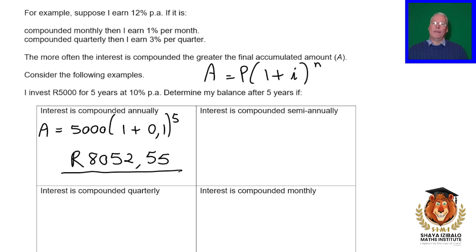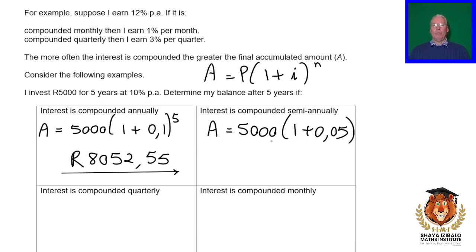Now we're going to work out if we calculated the interest twice per year. We've still got 5,000 here, but instead of our interest rate being 10%, it's only going to be 5%. But we're going to calculate it twice per year, which means that in 5 years we'll calculate it 10 times.